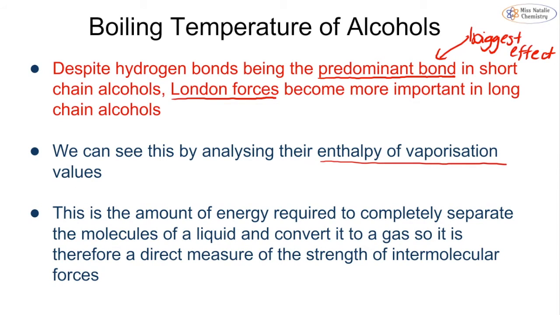We've discussed enthalpy in topic 6, and enthalpy of vaporization is the amount of energy required to completely separate moles of a liquid and convert it into a gas. So this is actually a direct measure of the strength of the intermolecular forces. We can look at this and see how strong the intermolecular forces are.